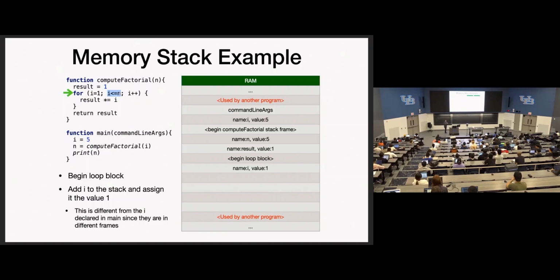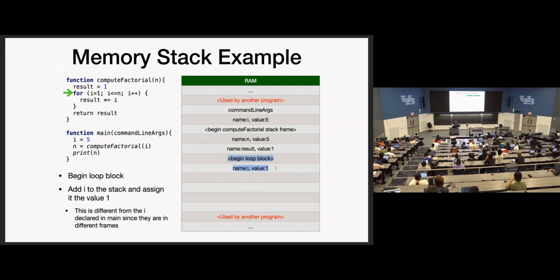When we look for each of these variables, we start looking inside the block that we're currently in. So we look for a variable named i inside the loop block. That's the current block that we're executing in. And lucky us, we found an i there. So i is going to be 1 in this case.